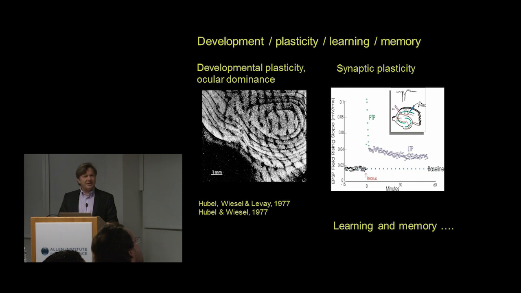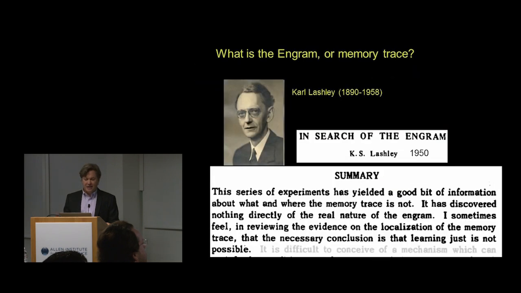But I'm going to start the lecture with kind of a downer from the early phase of the neuroscience of learning and memory, and that's the classic paper by Carl Lashley, who studied learning and memory and its neural substrate.